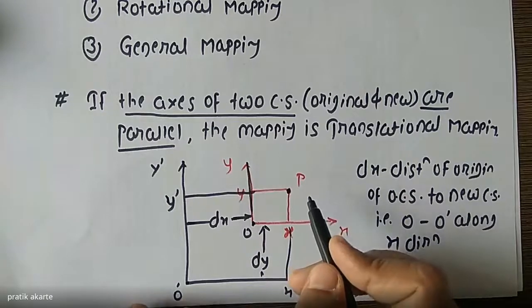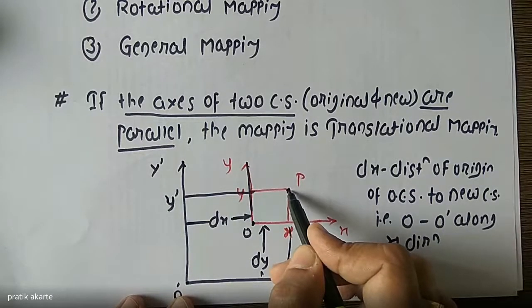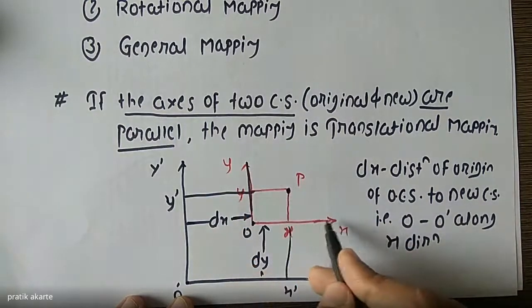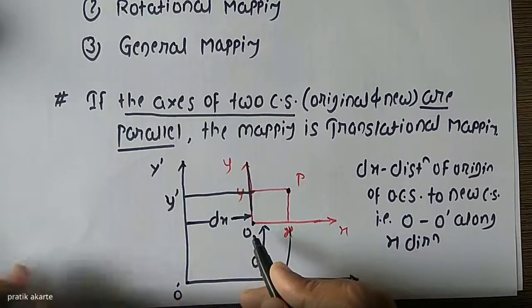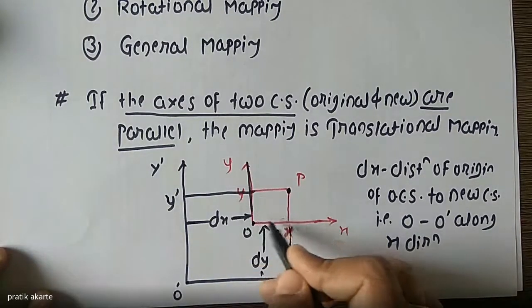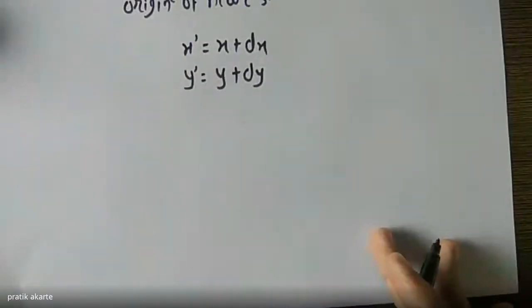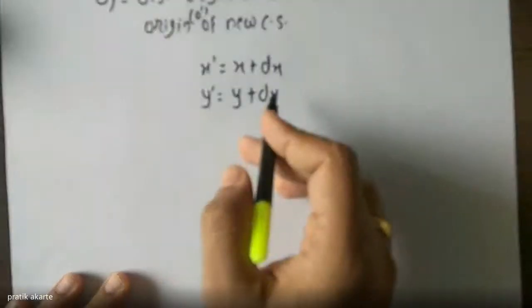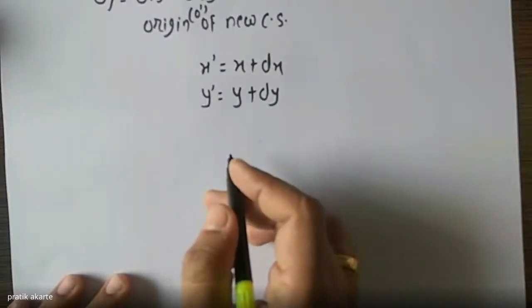But now you are inputting the coordinate data of this geometric model from this coordinate system to this coordinate system. So here two coordinate systems are involved. You are changing the coordinate system for the model. You are not changing any information about the model. So that's why x dash is equal to x plus dx and y dash is equal to y plus dy.